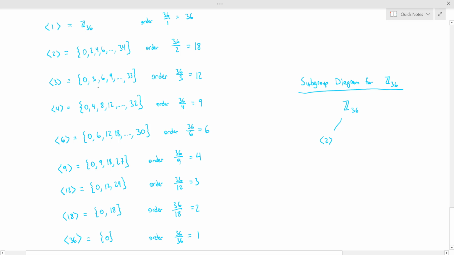We have this subgroup of order 12 generated by 3. It's smaller, so I want it a little bit further down in my diagram. Okay, now we have the cyclic subgroup generated by 4.